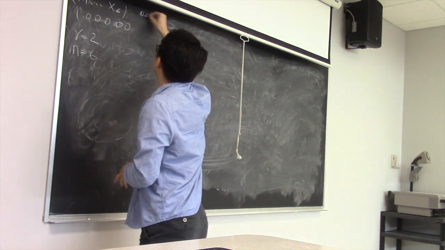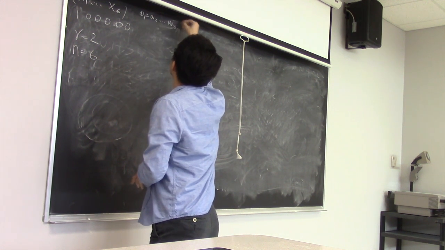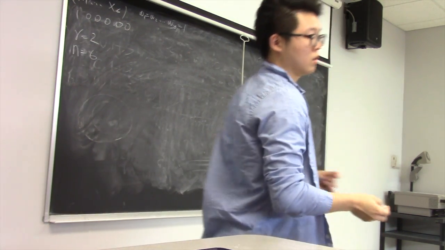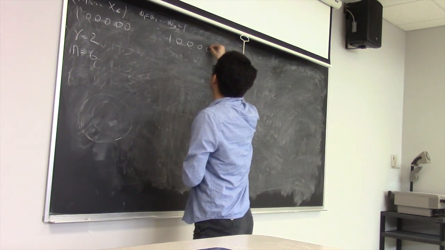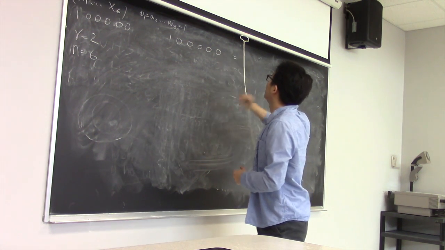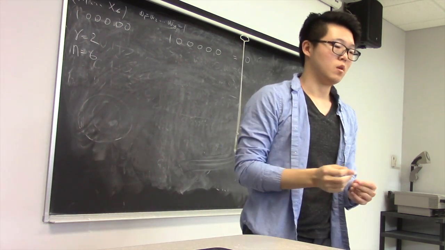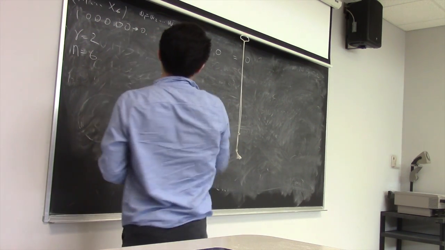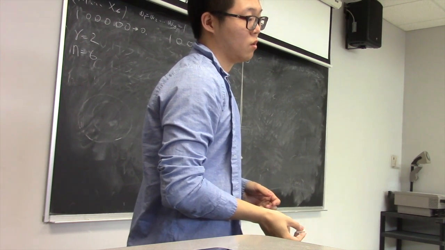So W1 equals W2 equals everybody, W6 equals 1 at the very beginning. So we can see it's 1, 0, 0, 0, and we predict 0, which is correct. So we don't update anything.